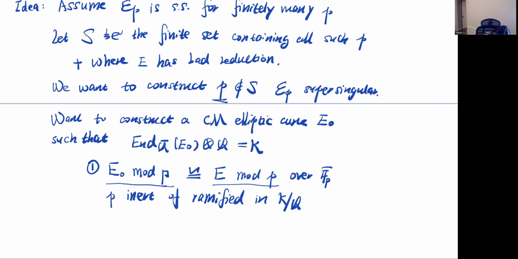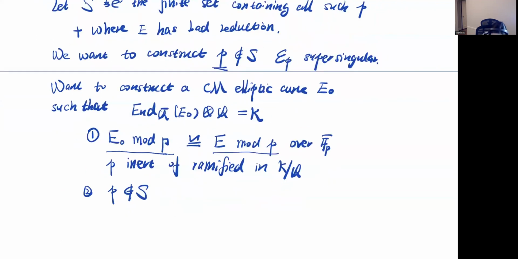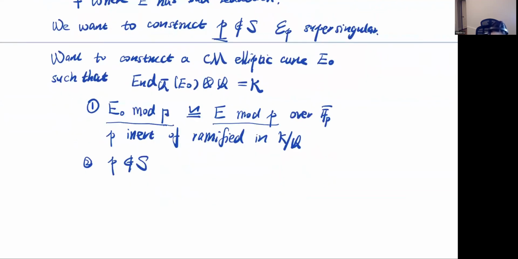And then the second thing we need is we want this p to not be in my set S. So this is what we would want to construct, right? We want to use CM curves to construct a supersingular prime for my non-CM curve E. The reason is that by Shimura-Taniyama, I know where the supersingular primes are for CM curves.